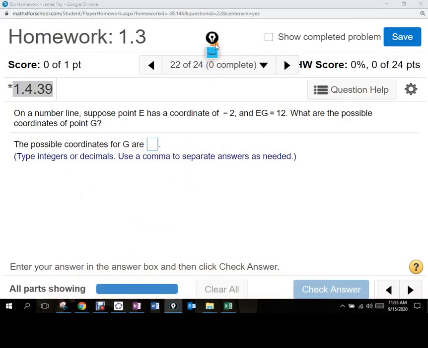Pay attention to directions. I know last year in MathXL, a lot of times it was just, type in the one answer. If there are multiple answers, the parentheses in blue there say to type integers or decimals, using a comma to separate answers as needed. We need to make sure we do those things. So I'd be looking at 10, comma, -14. Or you can put -14, comma, 10 and it'll work either way.